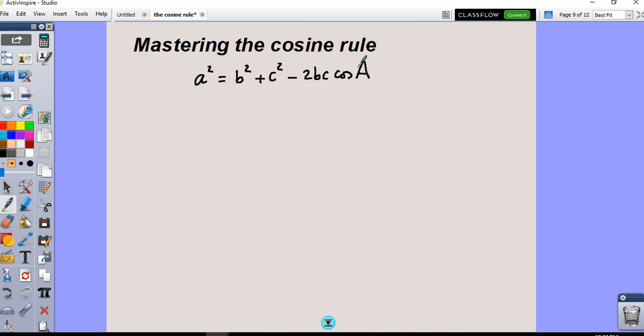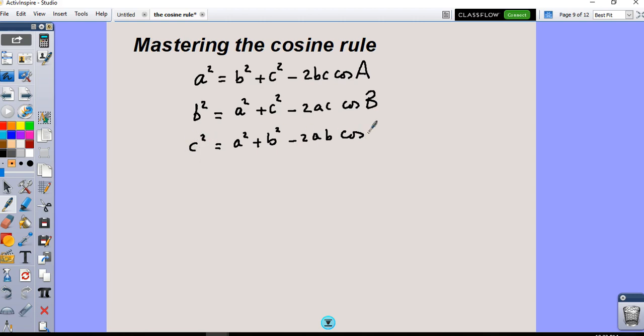A reformulation of the cosine rule, which is not a change of the subject, can be based on a different perpendicular that was dropped, and it may turn out to be b squared equals a squared plus c squared minus 2ac cosine B. Can you see the pattern? c squared would equal the other two sides squared, so a squared plus b squared, then minus 2 times the two sides a and b, and then the cosine of the angle whose letter is the same as the side here, so cosine C.